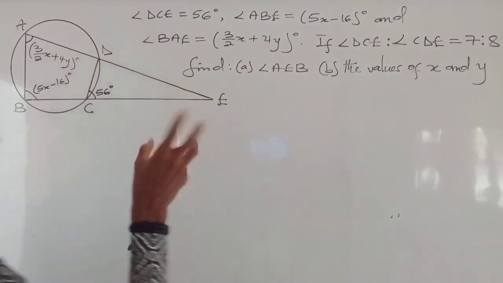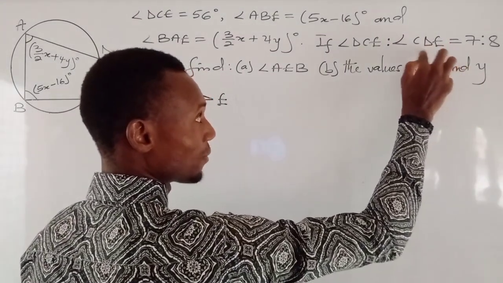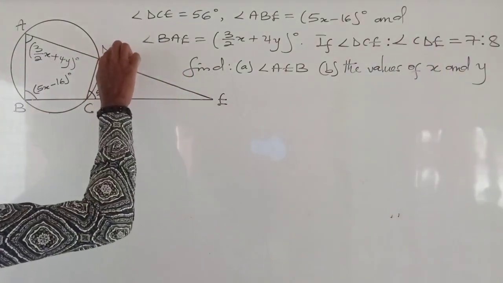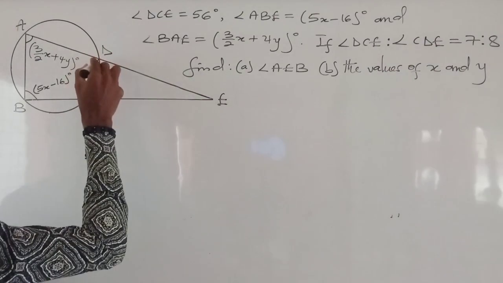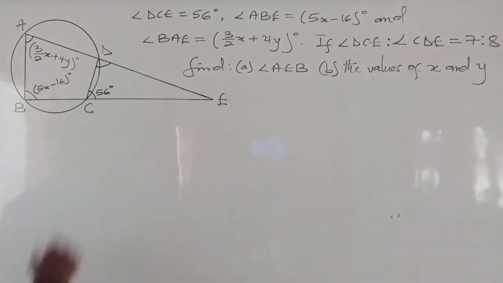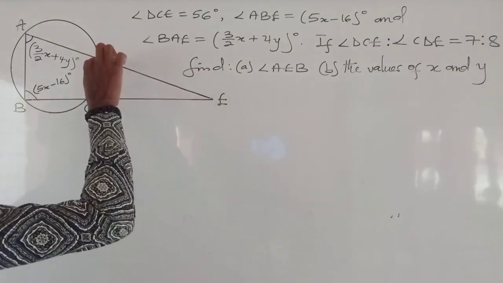Don't forget the focus is on the middle letter, so we are looking at the angle formed on the letter D. So angle CDE is the angle formed here at this point.